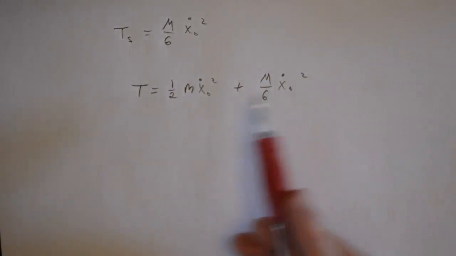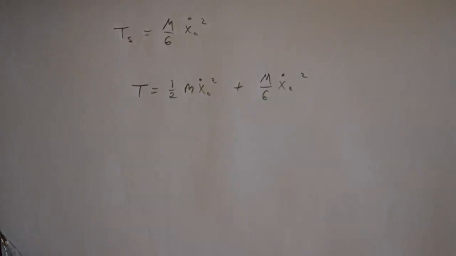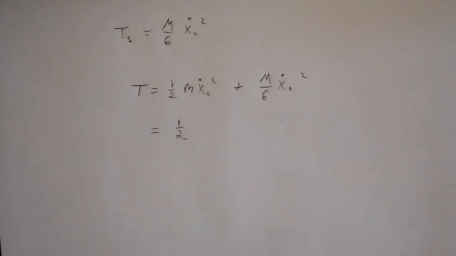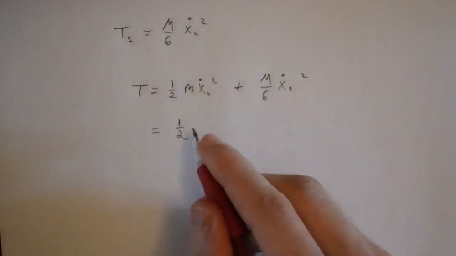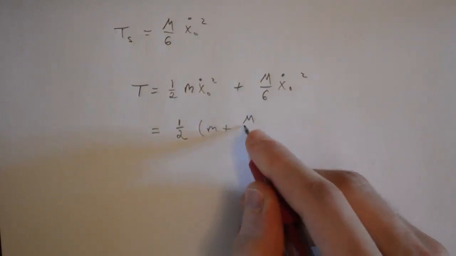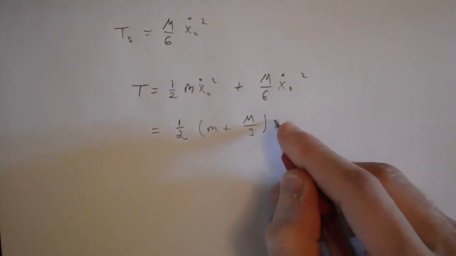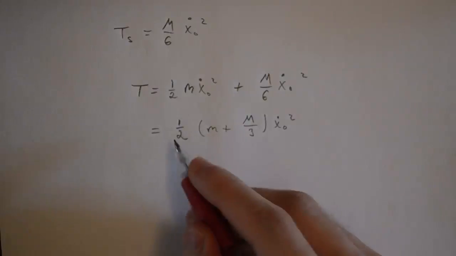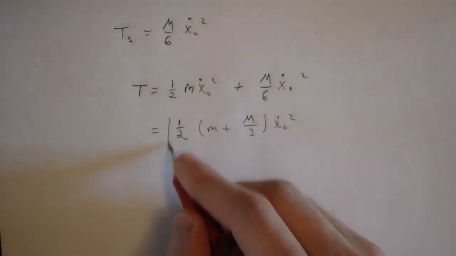So what I want to do now is factor out the 1/2. I'll show you why I'm doing that in a second. When I factor out the 1/2, I get little m plus big M over 3 times x naught dot squared. Right? So that is our full kinetic energy of the system.